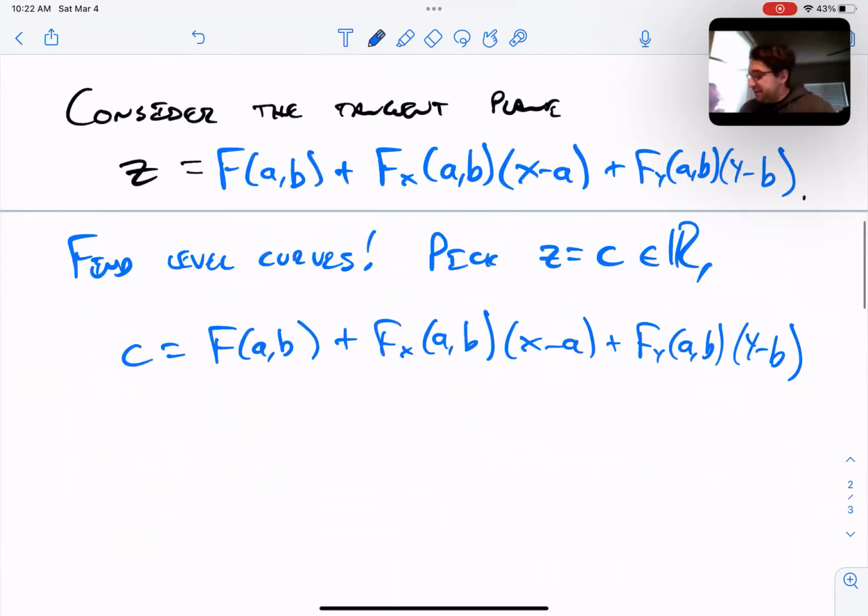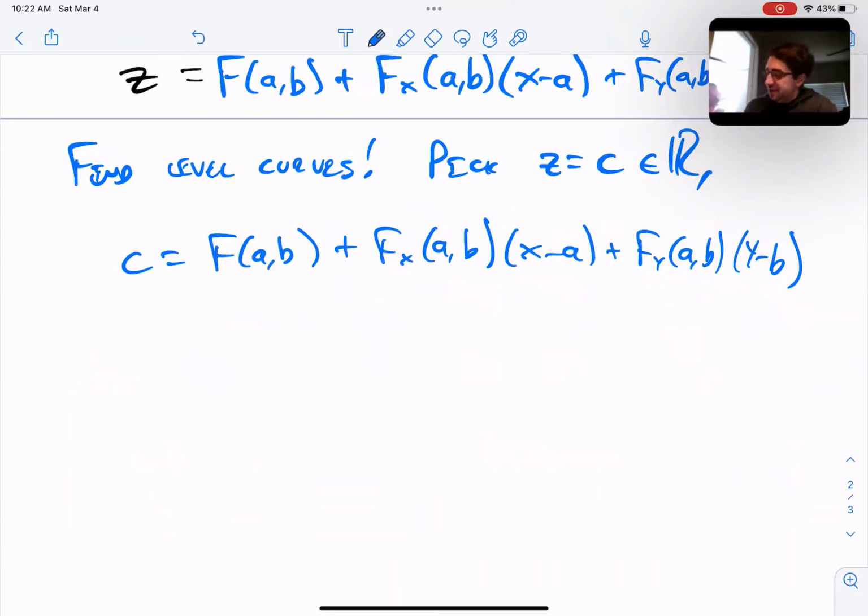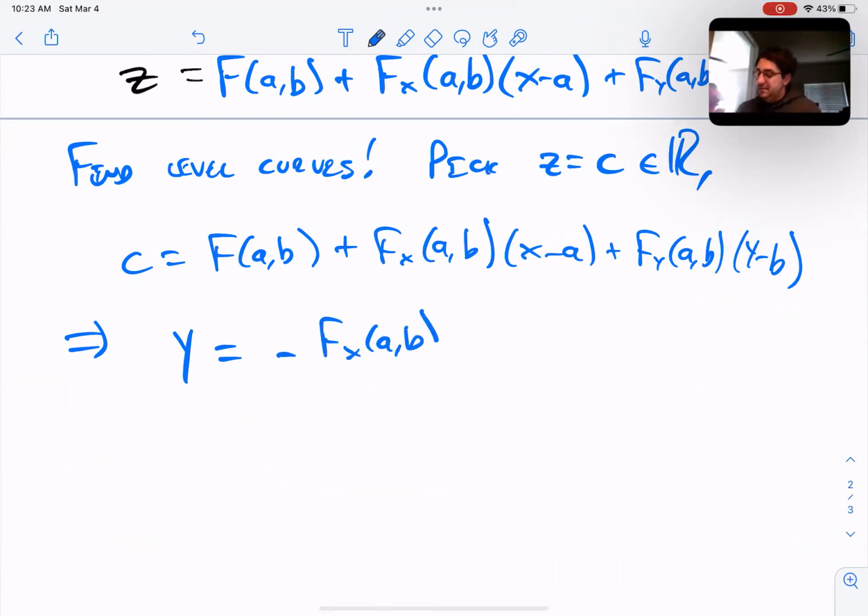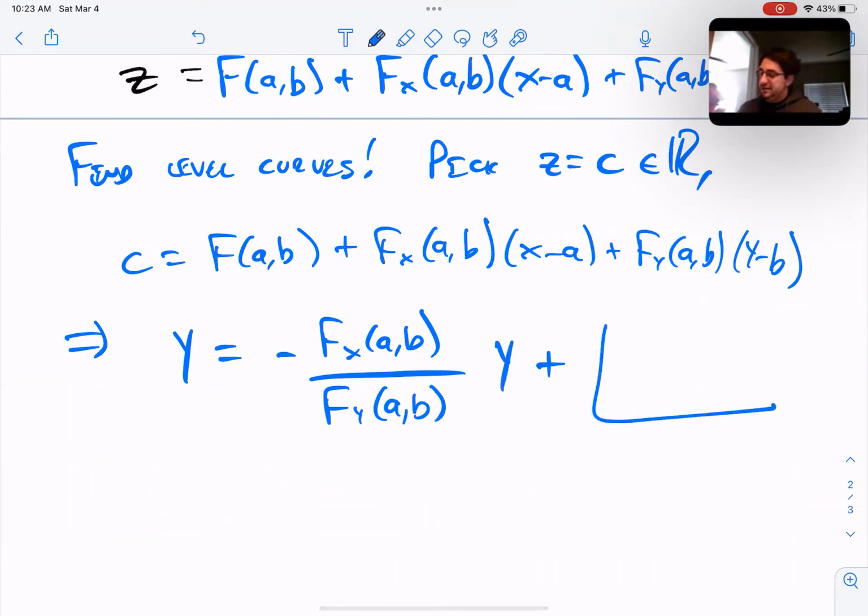And not only do you get a line, you always get a line of the same slope, because if you solve this, what would you get? Write it in y equals mx plus b form, right? Do the algebra to write this in y equals mx plus b. What are you going to get? You're going to get negative fx ab over fy ab times x plus a big ugly constant, right?